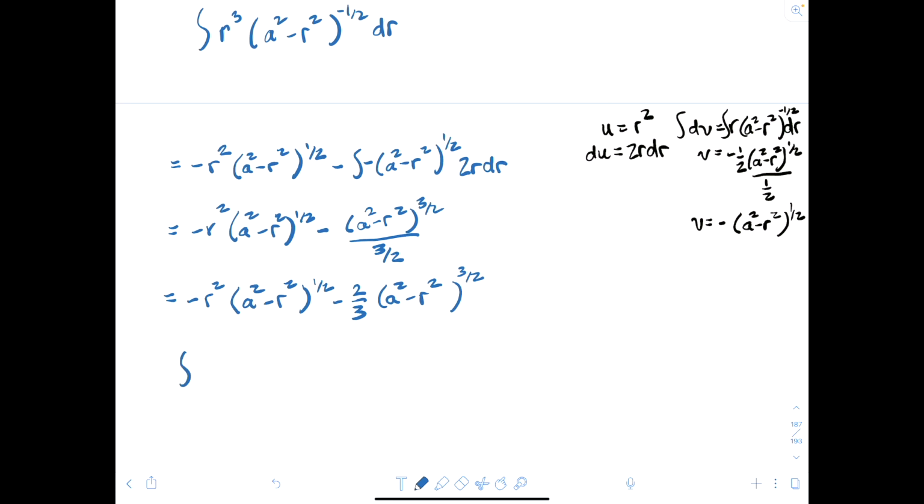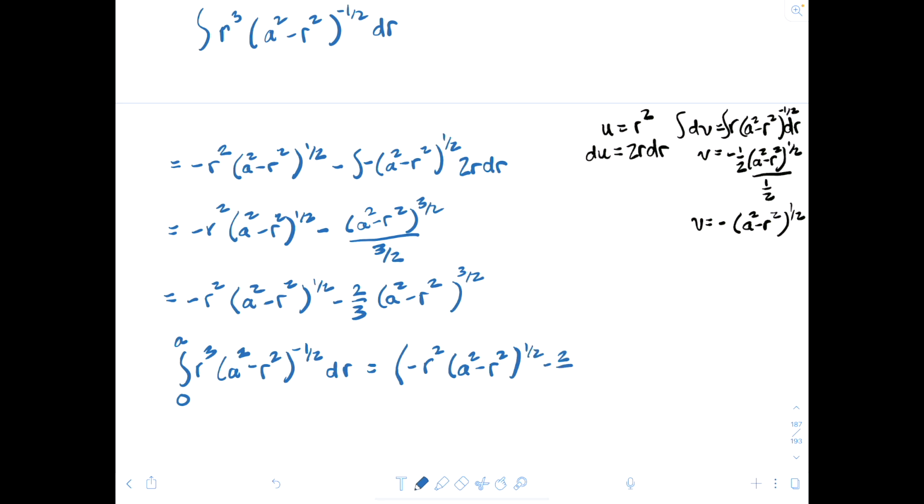The integral from 0 to a of r cubed times a squared minus r squared to the negative 1/2 dr, I'm just cleaning it up, is going to equal what we found here, negative r squared times a squared minus r squared to the 1/2 minus 2/3 times a squared minus r squared to the 3/2, and that's all going from r equals 0 to r equals a.